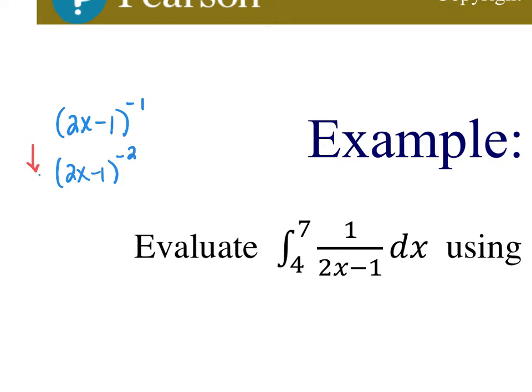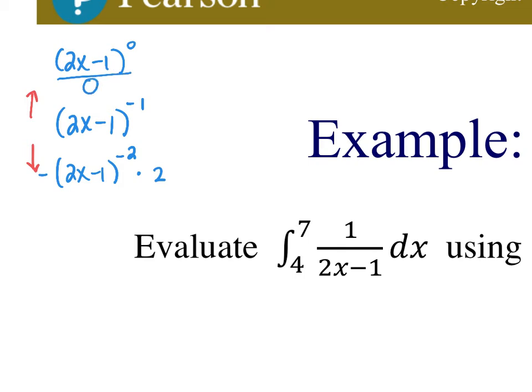Oh, I'd move the power to the front, sorry. And then multiply by the chain rule. If I want to go up for this, then the power has to go up. So that would be 2x minus 1 to the 0, divided by the 0, which is where we run into the problems.